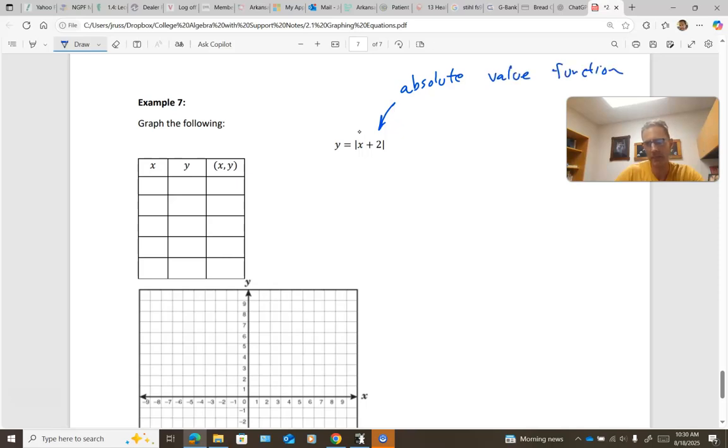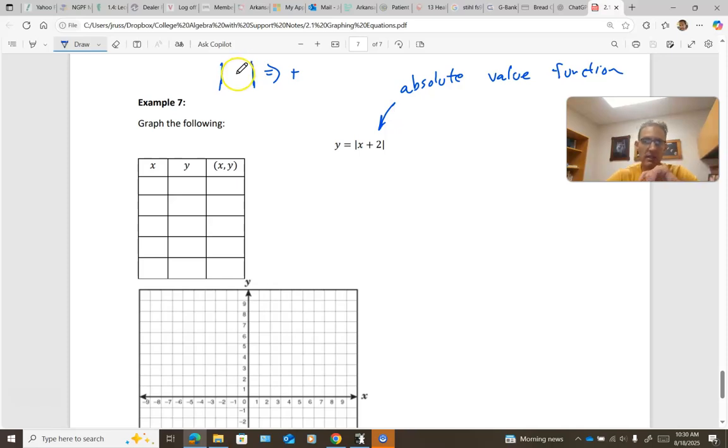Okay? And what absolute value bars do is they take whatever's inside them and they make it positive. So if there's a negative number sitting inside here, they make it a positive. But if there's a positive number sitting inside here, then they just keep it positive. Some students erroneously think that they change the sign of whatever's in here, but that's not true.